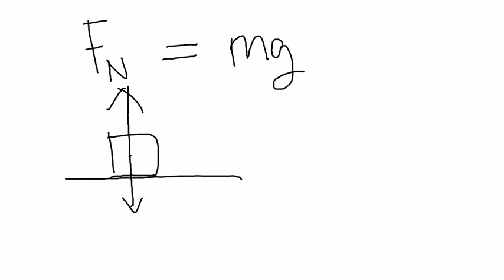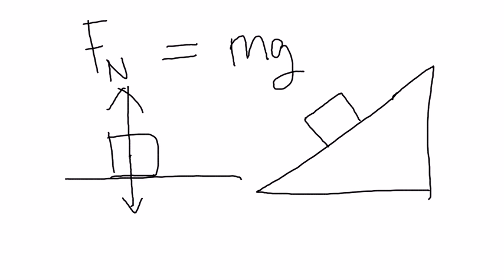However, when the object is on an inclined plane, the gravitational force is not the same as the normal force. In this case, you would have to resolve this gravitational force into this component and this component. Then the magnitude of this component will give you the normal force.